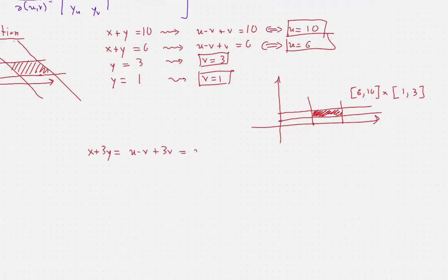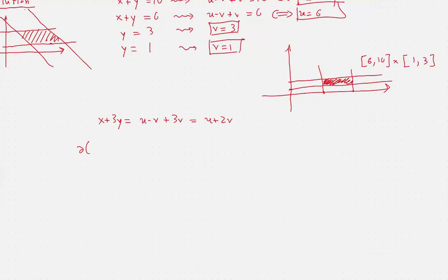And finally, the Jacobian. The Jacobian here is really simple because if we take the first order partial derivatives of x and y with respect to u and v, what do we find? For x, we get 1 and -1. For y, we get 0 and 1. This determinant is 1. It doesn't get any simpler than that. So our integral is going to look like what?